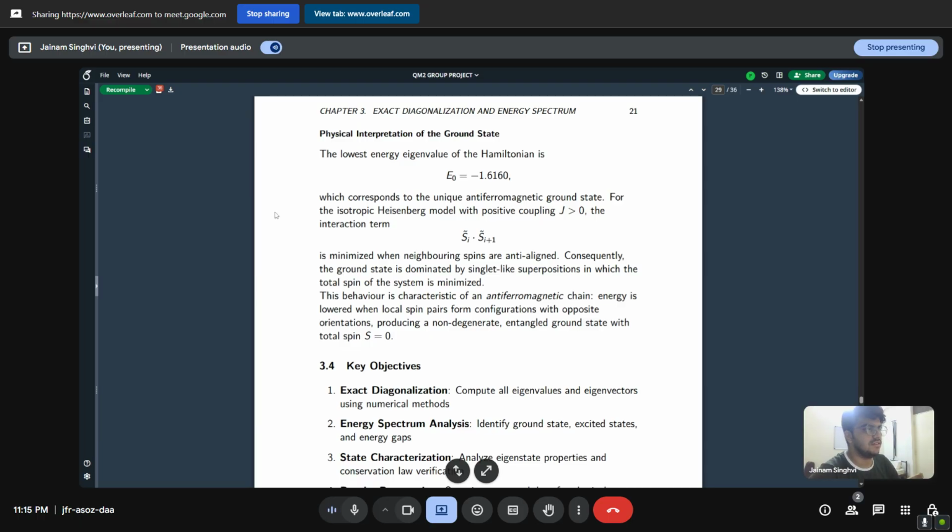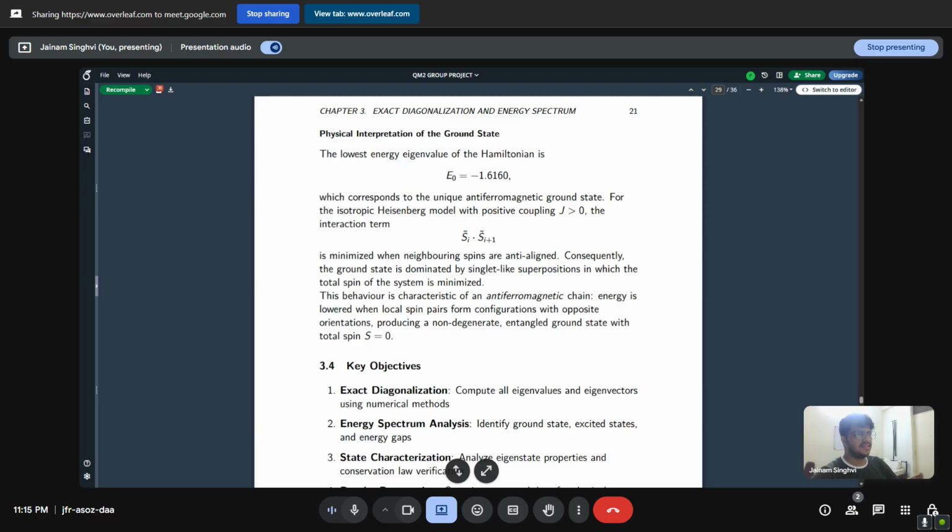Being the lowest energy state, the isotropic Heisenberg model has positive coupling J greater than 0. The interaction terms, as mentioned, are minimized when the neighboring spins are anti-aligned, opposite to each other. Consequently, the ground state is dominated by singlet-like superpositions, where the total spin of the entire system is minimized.